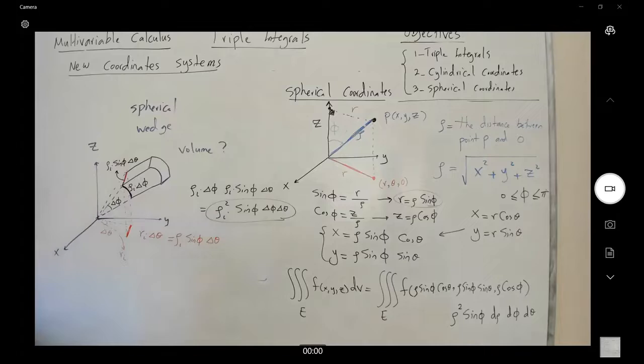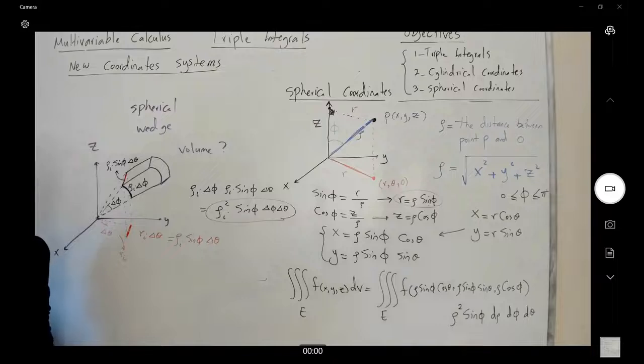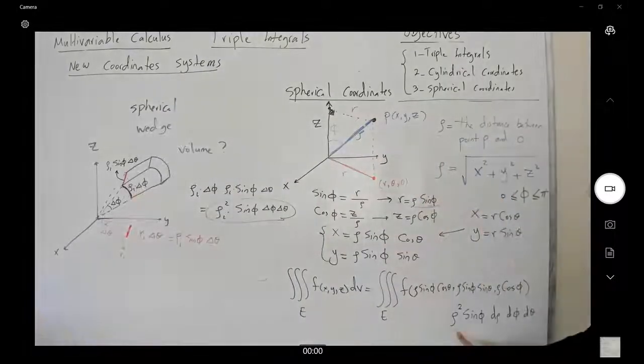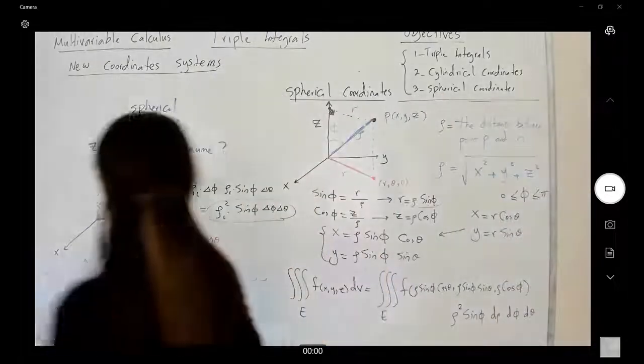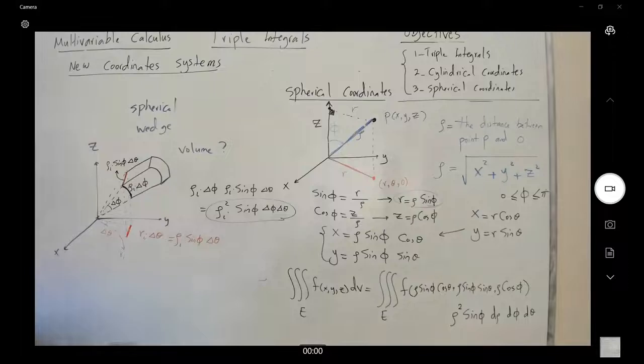Again, you're taking the Riemann sum as those little volumes are getting smaller and smaller. They have the triple integral. So that's how you get rho squared sine phi d phi d theta, and d rho. Rho is changing, so d rho, and this is your triple integral.